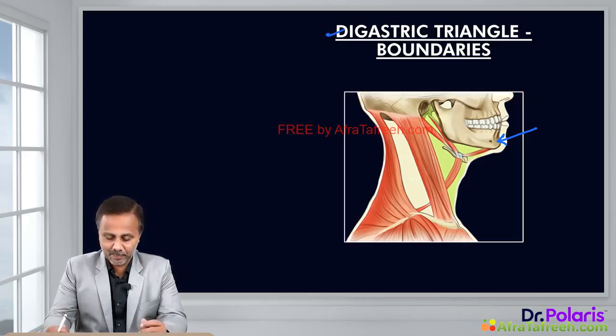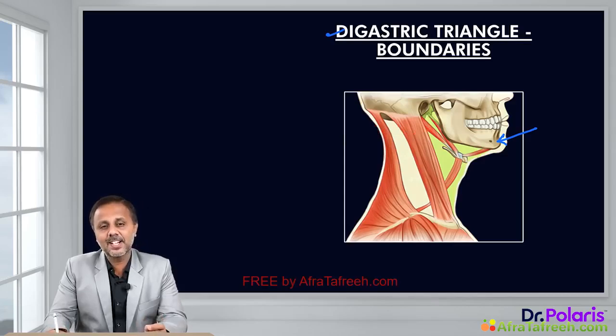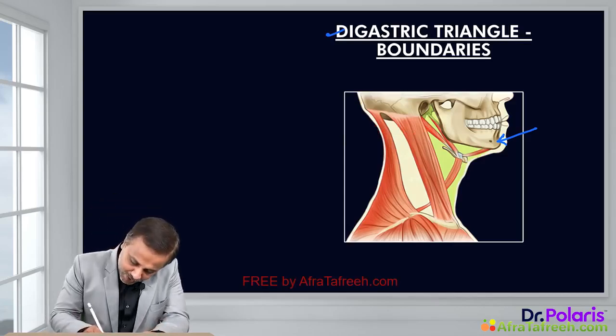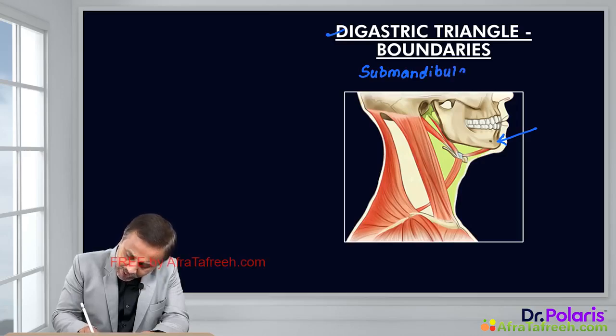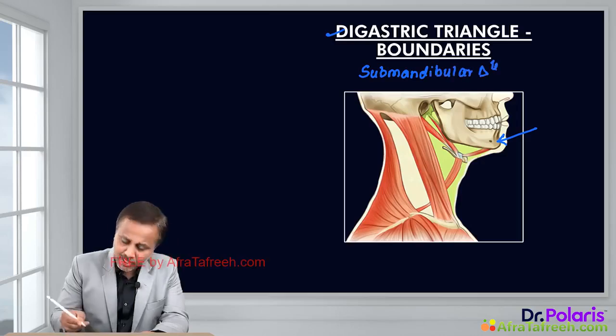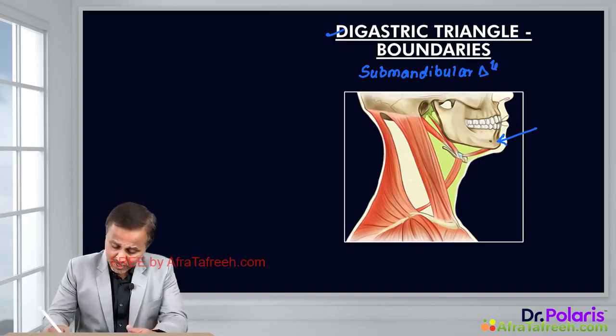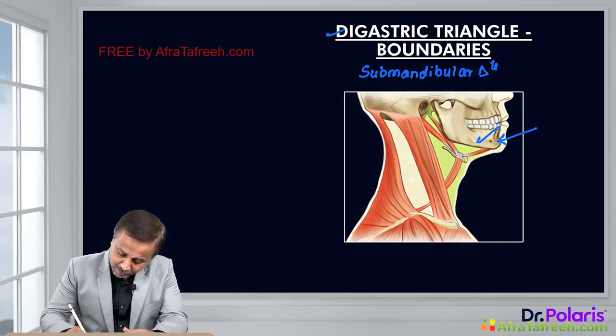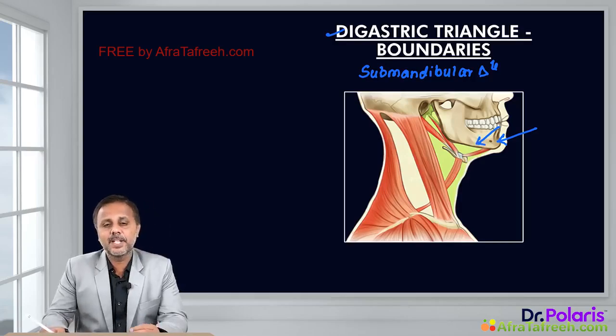The digastric triangle is also referred to as the submandibular triangle. Why? Because this is present below the body or base of the mandible.